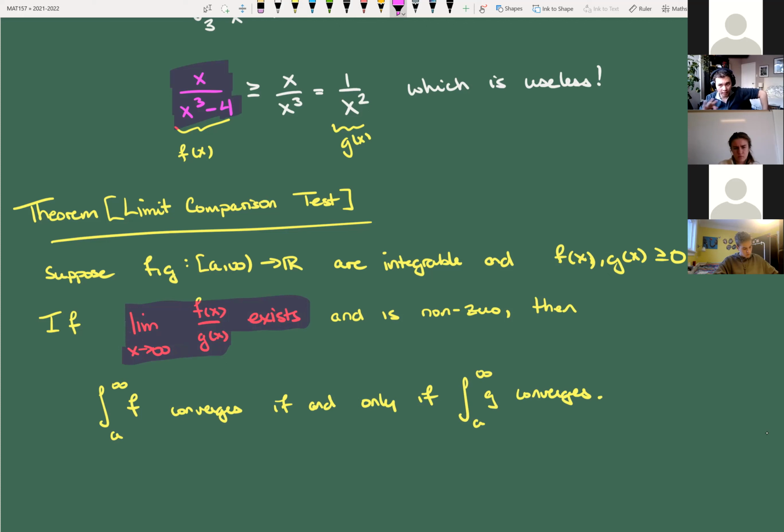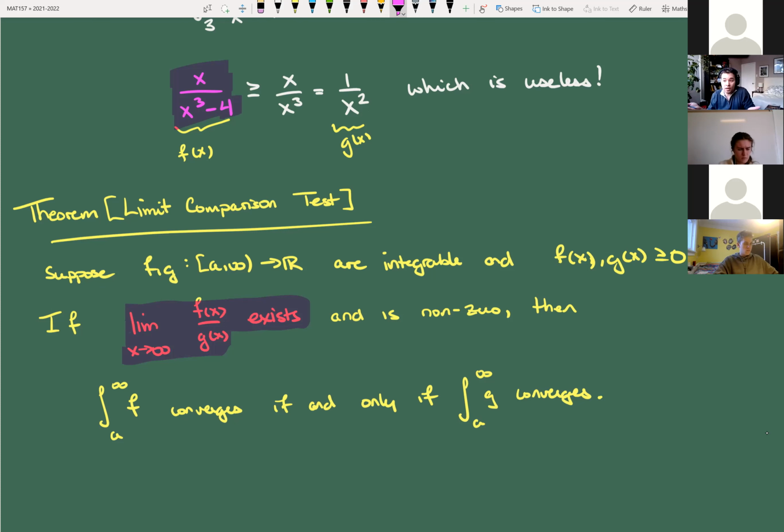If this limit exists, let's say this limit is equal to 7, then what we're basically saying is that as x goes to infinity, f is 7 times g of x, right? They're basically the same function up to some sort of multiplicative constant, and that constant is whatever the value of the limit is. They effectively behave the same way.